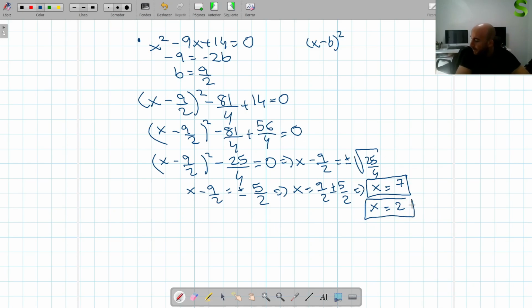Okay? Which again is the solution to this. So if it's not an even number, it's an odd number, I'll just work with it the same way. I'll just have to work with fractions.